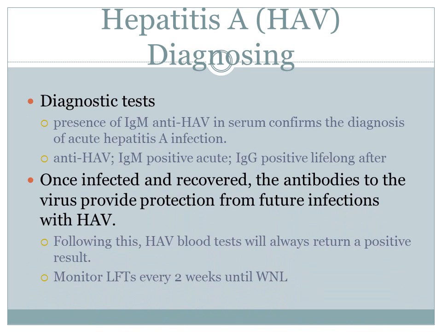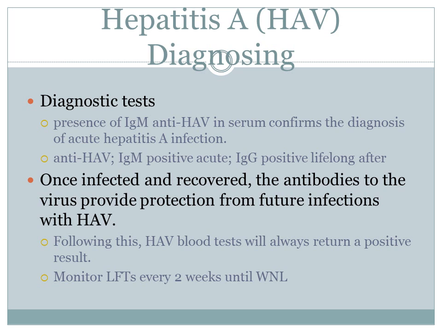So as far as diagnostic testing, the presence of IgM antibody in the serum confirms diagnosis of recent acute hepatitis A infection. The IgM is positive immediately after infection. IgG, on the other hand, is positive lifelong after some time after acute infection.